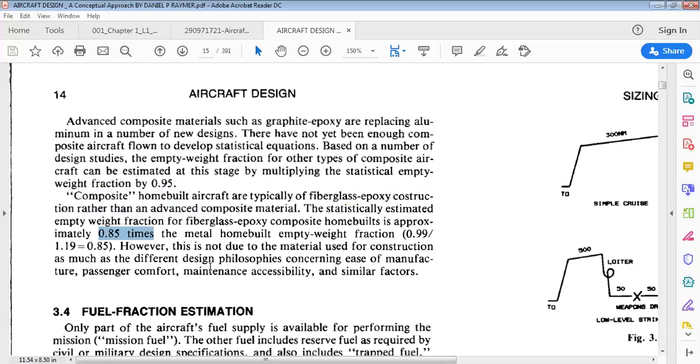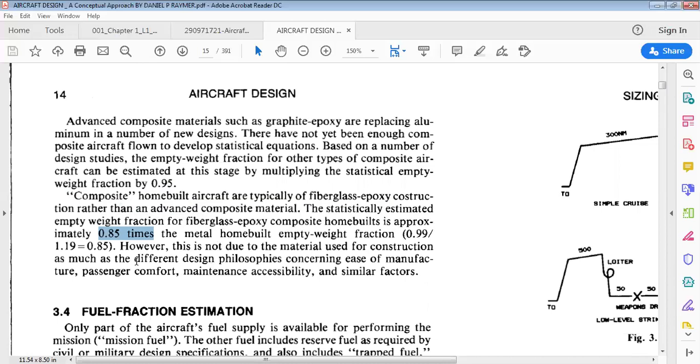Whenever you are speaking about the weight of an aircraft, when comparing the empty weight fraction of a metal with a composite, you can see we can reduce around 15 to 20% of the weight. So therefore we are going to use mainly the composite home builds.